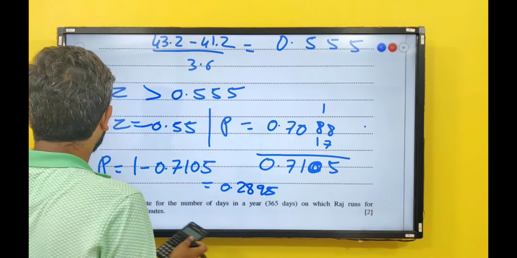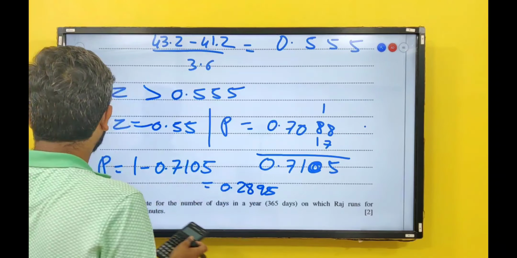Let's move to the next question. Find an estimate for the number of days in a year on which Raj runs less than 43.2 minutes. We already found out that the probability of less than 43.2 minutes is 1 minus 0.2895.